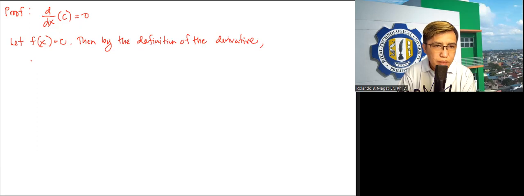I can also write this as d over dx of f of x. It's just the same notation.